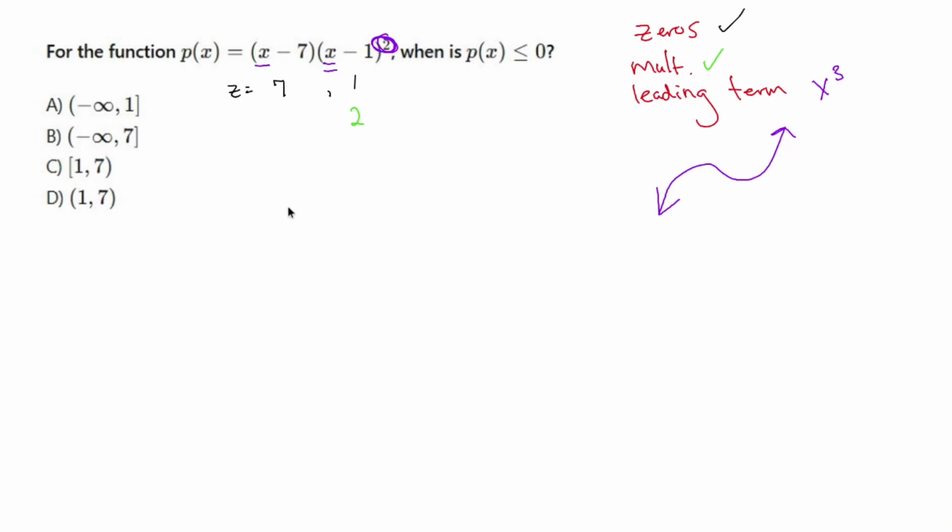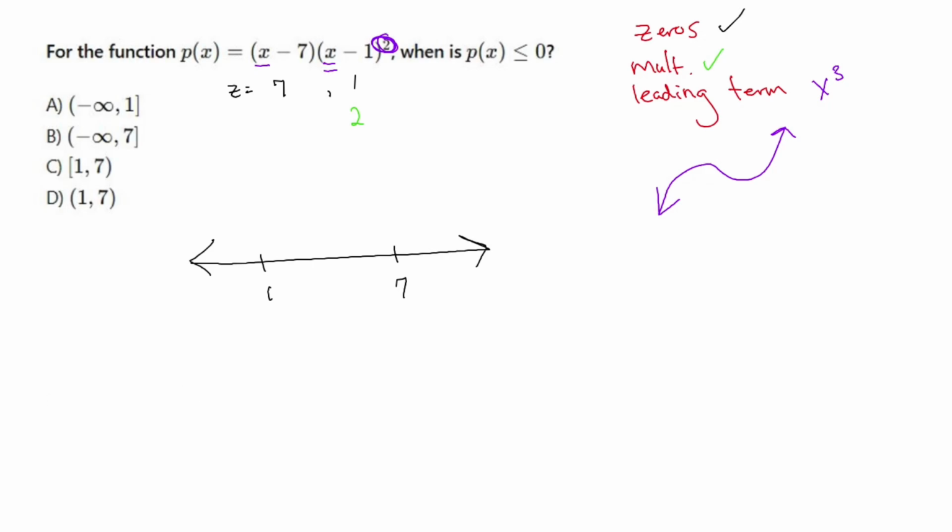So what I'm going to do is make a sign table. I'm going to make a nice little number line right there and label my zeros at 1 and 7. I know that I'm starting down here, so I'm pretending that this is my x-axis.